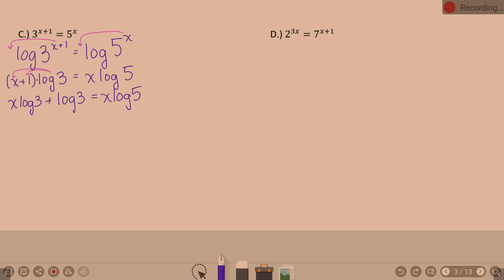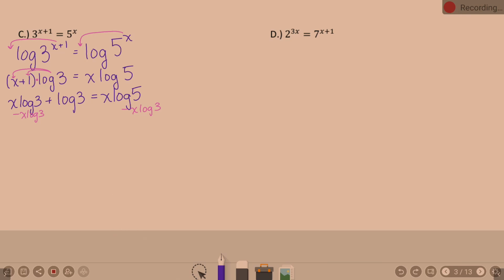Yeah. Okay. How can I put both my x terms together on the right? In other words, how can I make x log 3 move to the right? It's being added to the other term, so I'm going to go with subtract, right? So we're going to subtract x log 3. If I subtract x log 3 on the left, I'm subtracting x log 3 on the right.